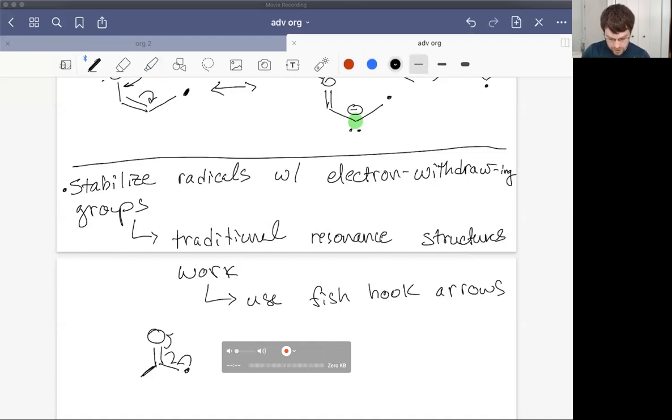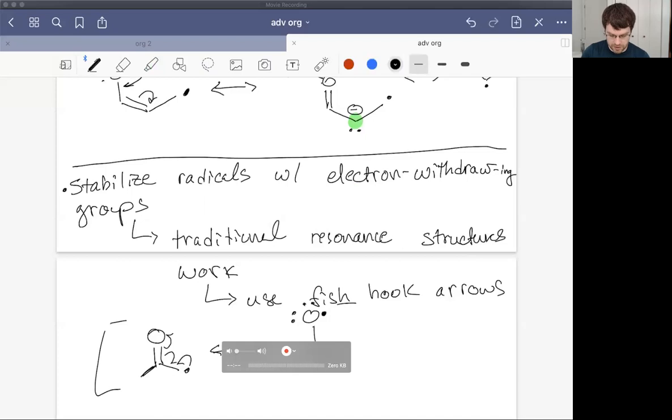Okay, so we're going to use 3 fishhook arrows, one to form a pi bond, and then we're going to pop one of the remaining free radical up and onto the oxygen atom, and that will provide some stability, although not a great deal of it, because the oxygen atom is now, well, it's neutral still, but now it is soaking up the radical.